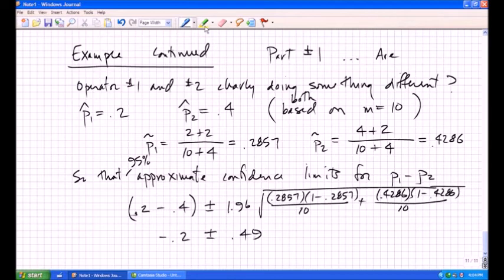And my point here is that that thing is bigger than, in magnitude, that is bigger than this difference that it's estimating.